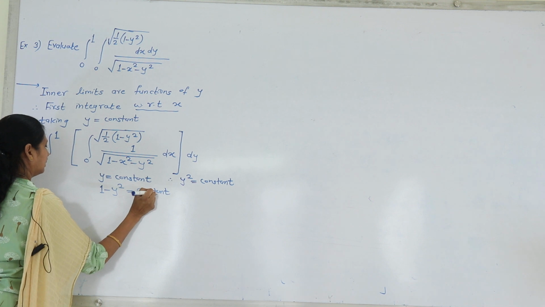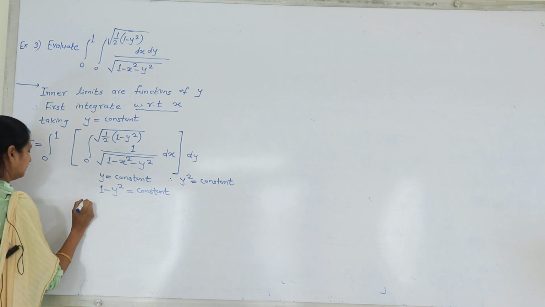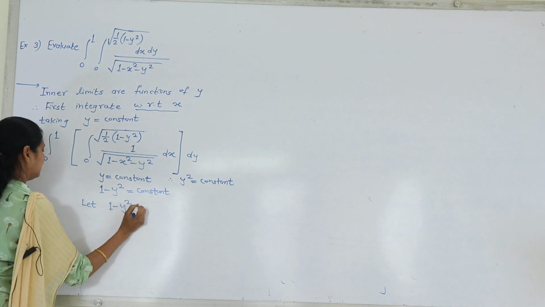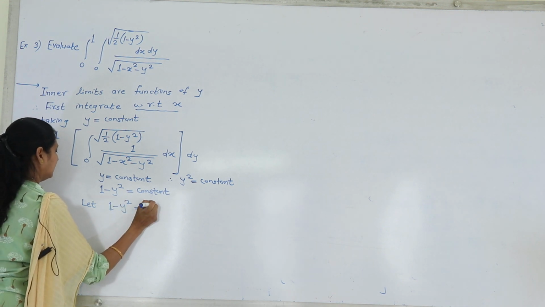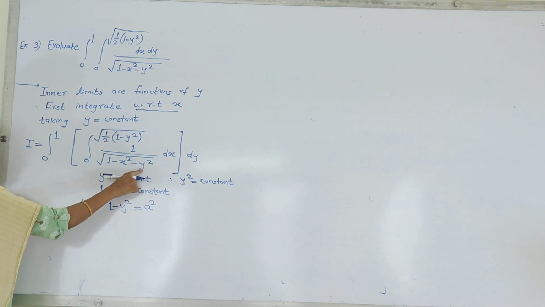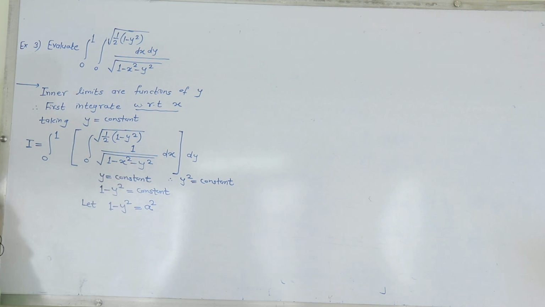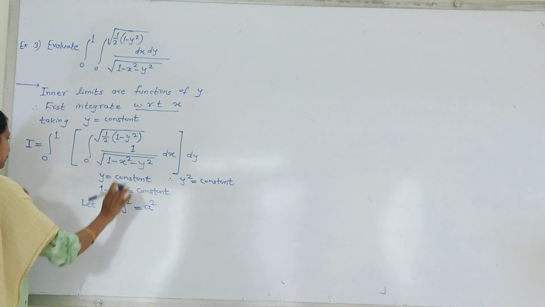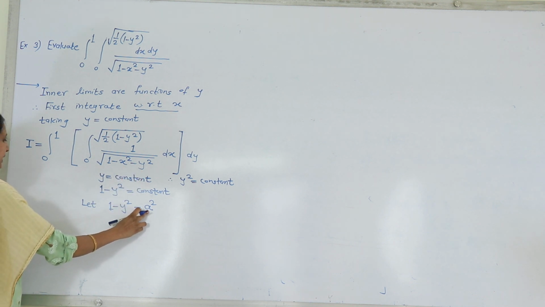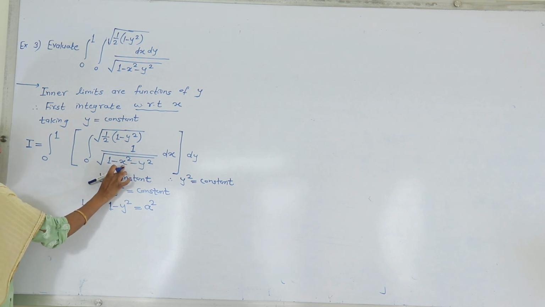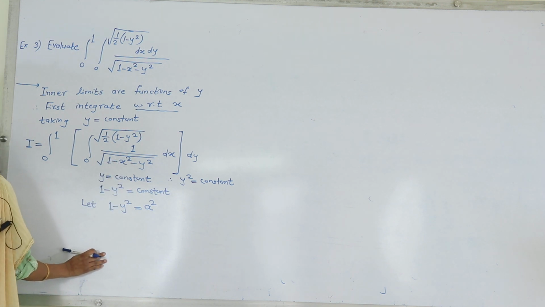Both these terms are constant, and therefore let 1 minus y square be equal to a constant a square. The constant is taken as a square because the neighboring term is in the form of a square. Then 1 minus y square will become a square, and this will become a square minus x square. That means we can apply the formula.